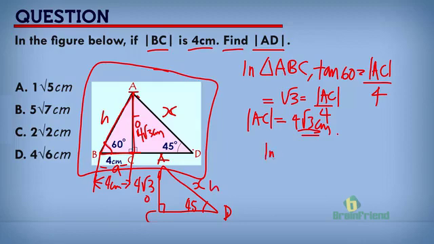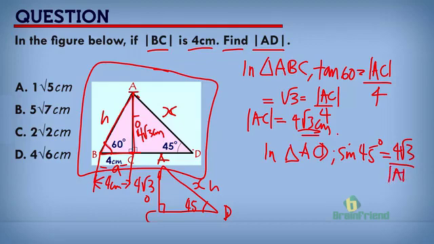So we say in triangle ACD, sine 45 degrees is opposite over our hypotenuse. Our opposite is 4 root 3. And our hypotenuse is the unknown, which is line AD, which we've been asked to find.